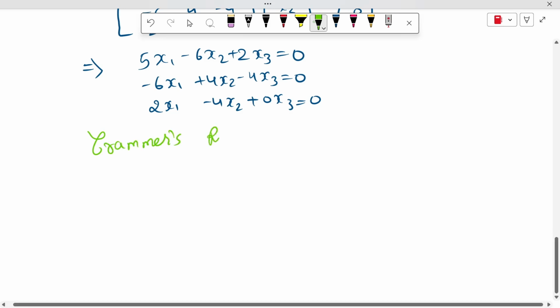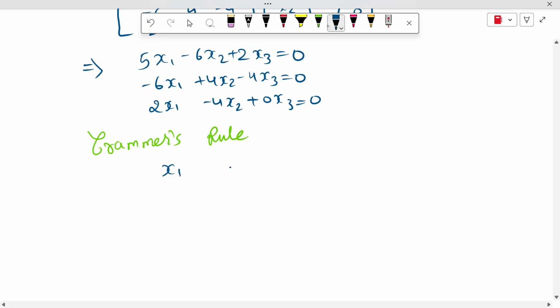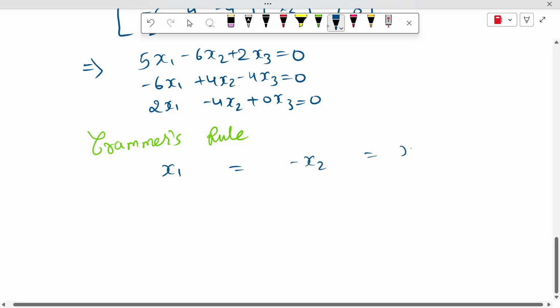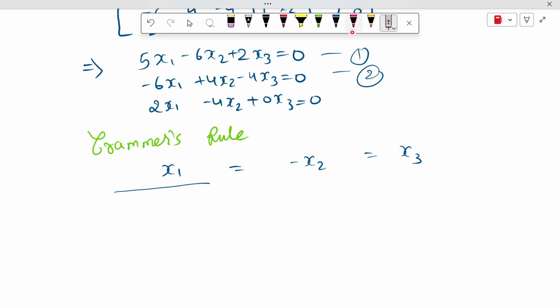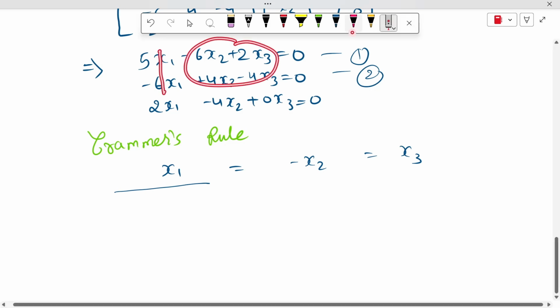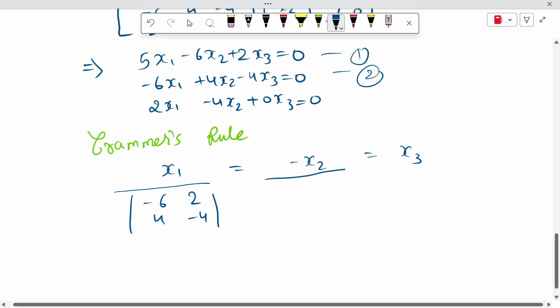Now we will use Cramer's rule to solve the equations. According to Cramer's rule, it will be x1, minus x2, x3. Now let's take two rows, this one and this one. First of all we will hide the first column and take the determinant of the rest: minus 6, 2, 4, minus 4. Similarly for the second we hide the second column and write the determinant of the rest of the terms.